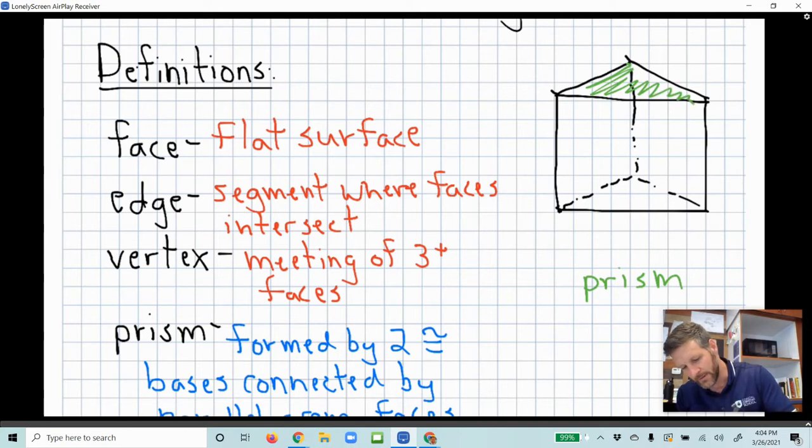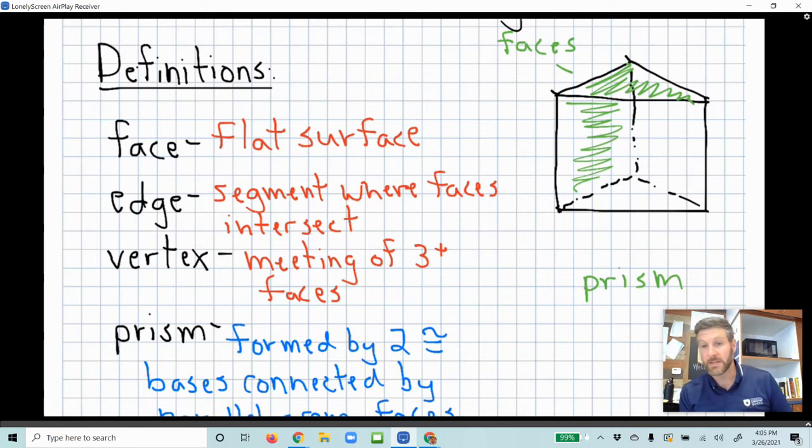So this right here on the top, or maybe even the back side over here, those would be your faces. Might also call them sides because they can be the top and the bottom. We call them faces. Okay. Then your edges, that's just where the faces intersect. So that's pretty straightforward here and here. Those are your edges.